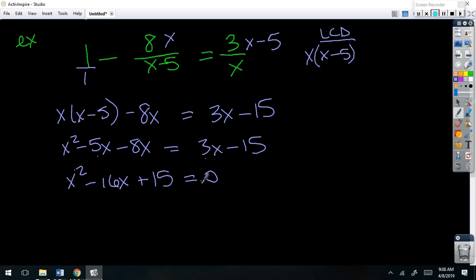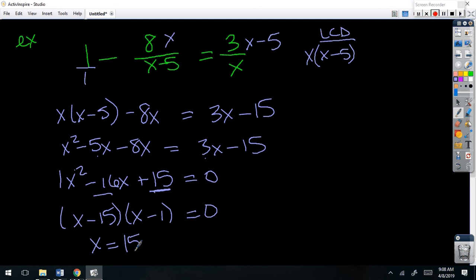That factors nicely for you. Multiplies to positive 15, adds to negative 16 because the leading coefficient is 1. x minus 15, x minus 1, which means my 2 solutions, which happen to be true solutions, if you plug them back in, you will find they are not extraneous.